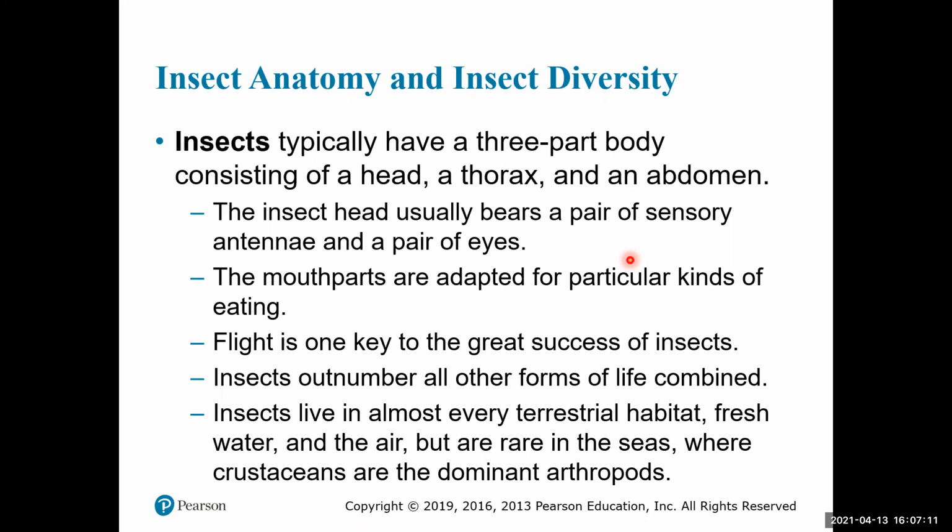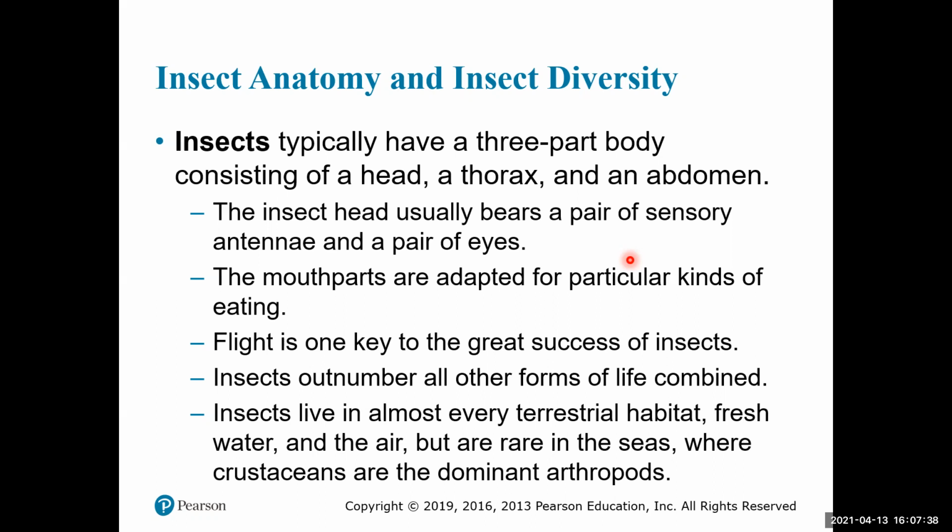The insect head typically will have a pair of antennae and then a pair of eyes, with some mouth parts that are adapted for a specialized type of feeding, depending on what type of insect it is. It could feed on nectar, it could feed on leaves, and so they would have mouth parts that are specialized and evolved for feeding on that specific type of food source.